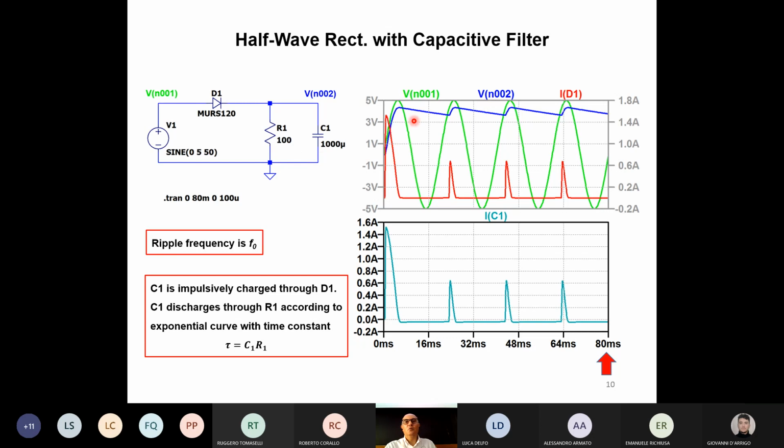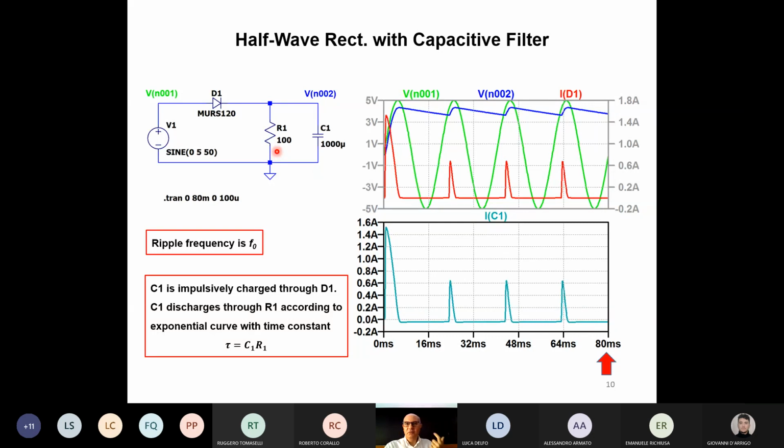Okay? So what we see here is an exponential discharge with a time constant given by C1 R1. It is written here. The capacitor charges following the input voltage because it's charged through the diode D1. But when the diode opens, the capacitor can discharge only through R1.